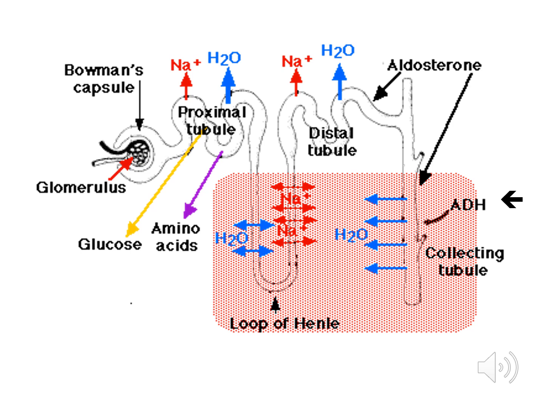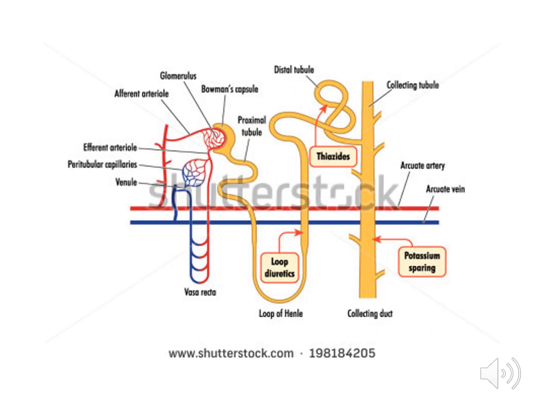Now, maybe you're wondering, why do I even care what happens in which part of the tubule? The reason you care is because when you get to pharmacology or MedSurg 1 and you start to talk about diuretics, this is where you're going to find out that some diuretics are more powerful than others. The thing that determines how powerful they are is where in the tubule these diuretics act.